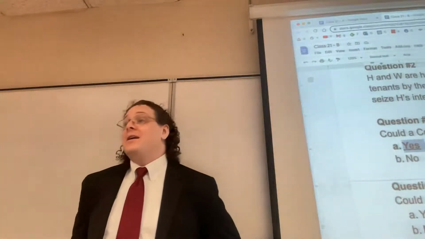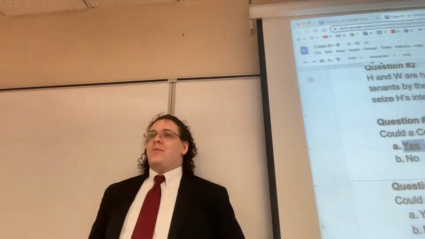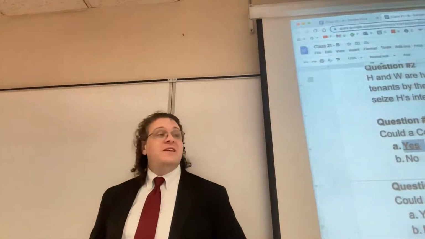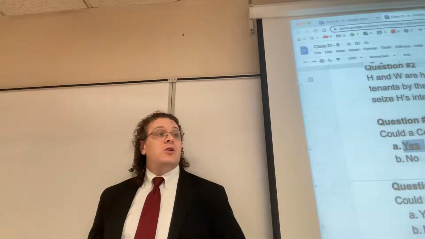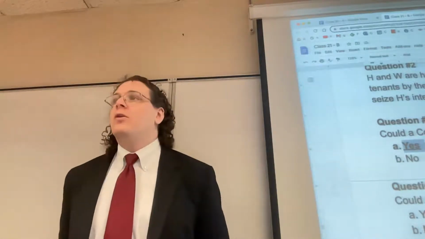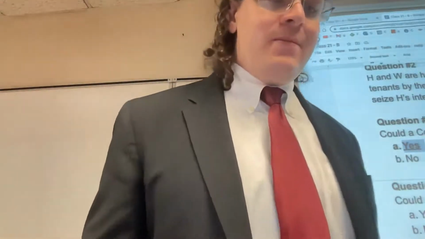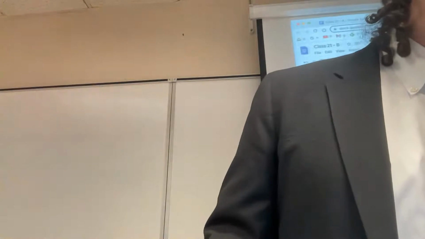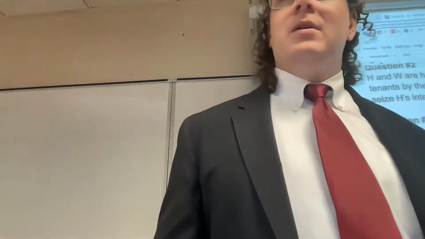That's exactly right. If you want to have equal control of the property, then your creditors can seize your share of that property. So, Lisa, what's the answer to question 2B? Could the court in group 2 seize the husband's interest? Yeah, it could.